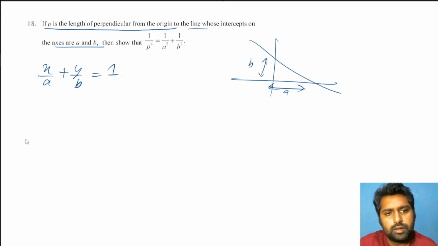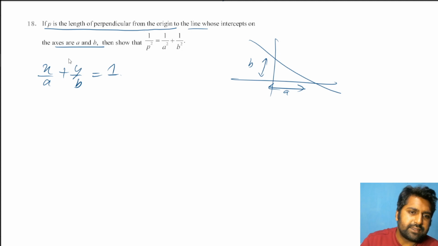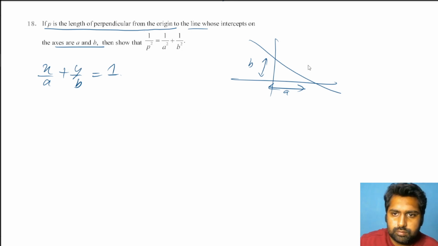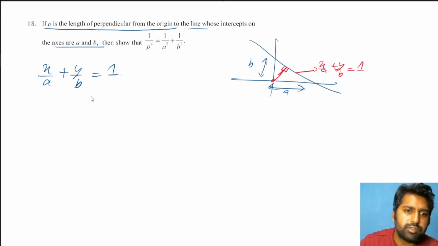Let's keep it as it is. Let's not take LCM. You'll see why. Now, if I want to calculate the distance of this line, x upon A plus y upon B is equal to 1, from the origin, I have to use the distance of a point from a line.